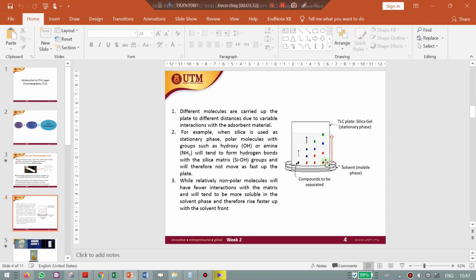So it's the most polar one, middle polar, and this non-polar. That is what we can observe from this figure, but it's not really accurate.